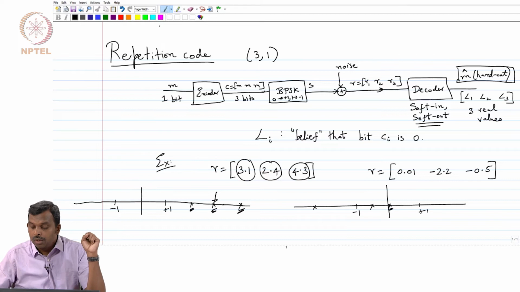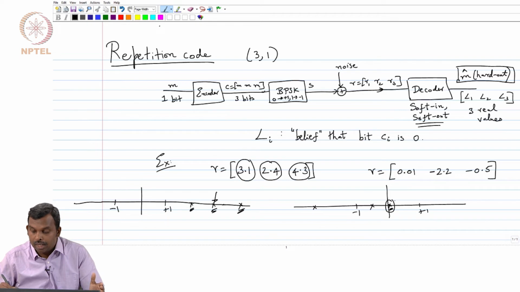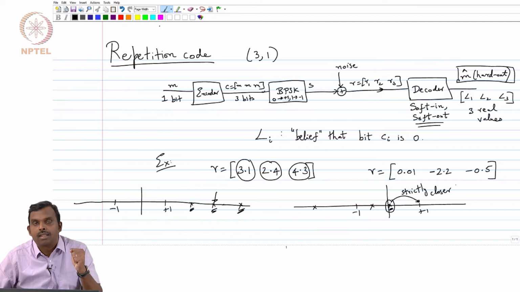Now if you look at 0.01, of course, if you do a hard threshold, you're going to say the transmitted symbol was +1. The hard threshold will go towards this, since it is strictly closer. But my confidence in saying that the transmitted symbol was +1 is not very high, just looking at 0.01.